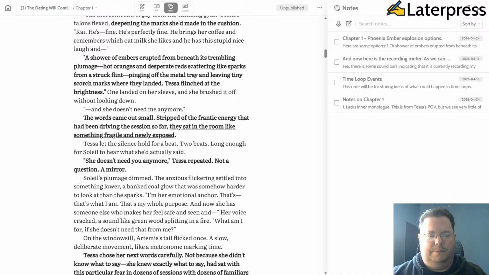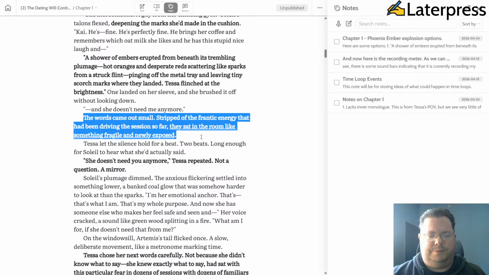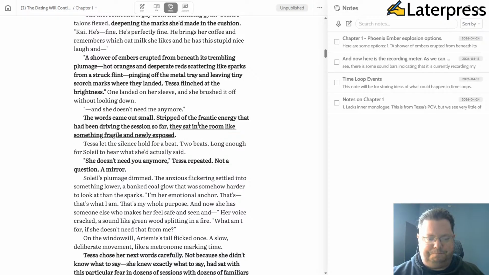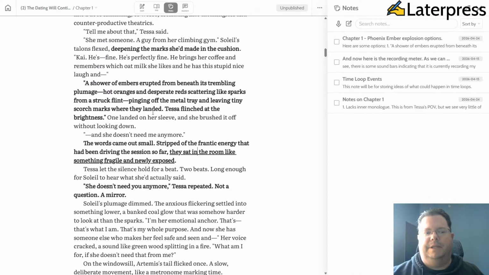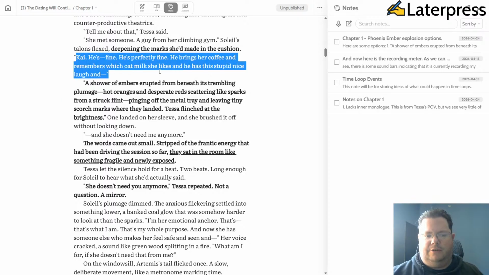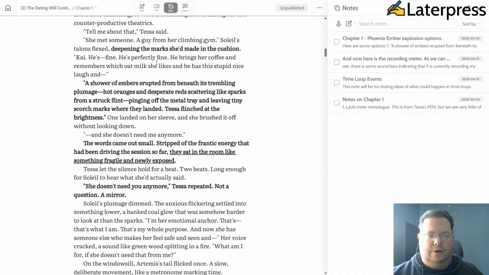This is also a moment where this feels pretty bland, and I felt like the emotional intensity of the moment can be dialed up, because we've got this Phoenix familiar finally getting to the crux of why she's so nervous and anxious, that her human partner has a man in his life.